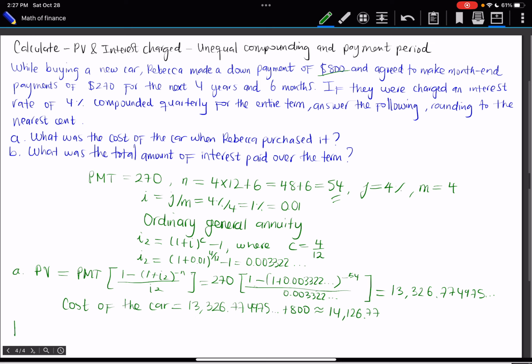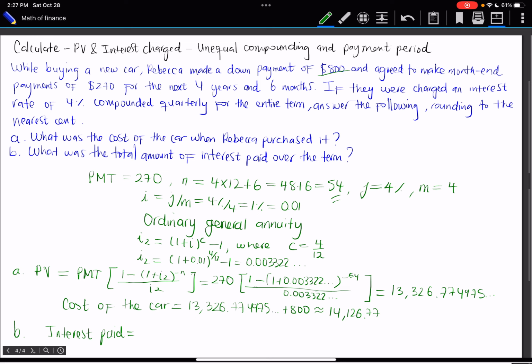Now to work with part B of this problem, we want to use another formula. The amount of interest paid equals the amount that Rebecca paid for the car without taking the time value of money into account.